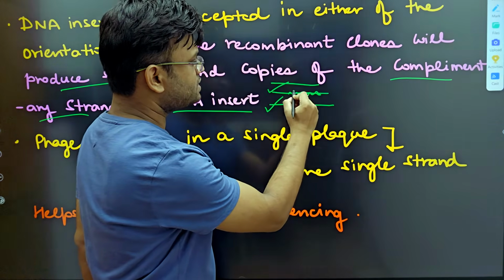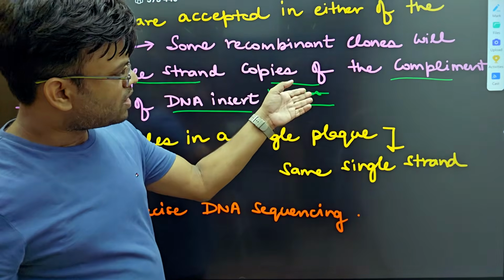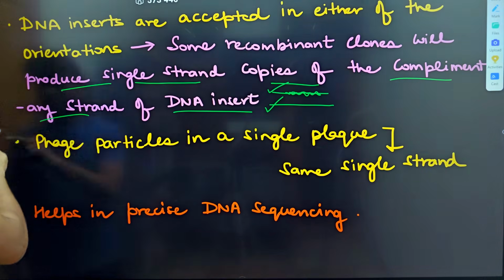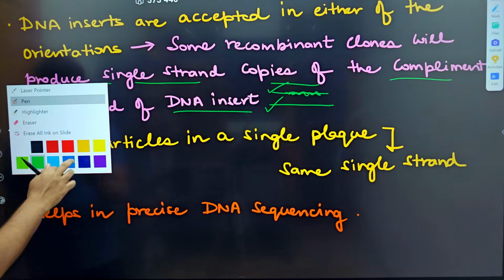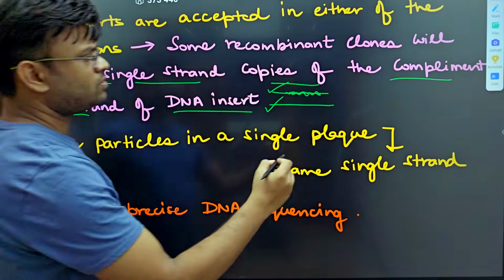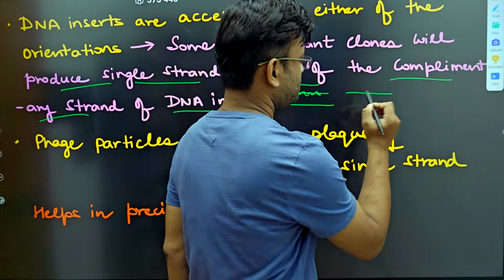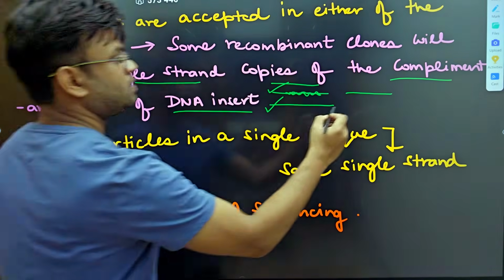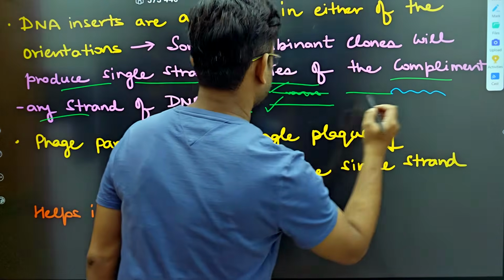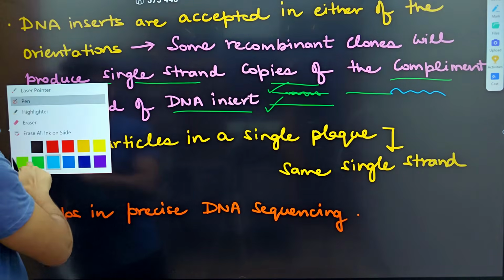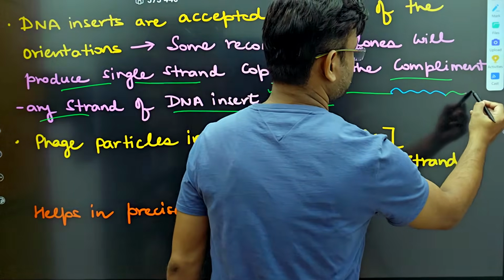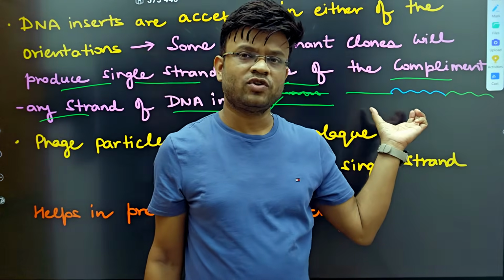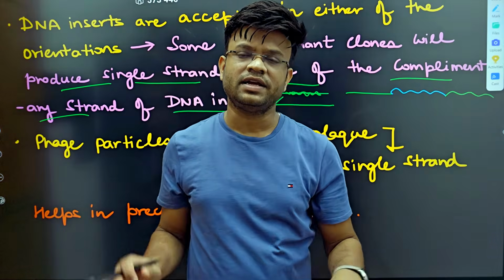That means if this was our DNA insert over here, complementary to this DNA insert, let me draw it with a different color, then you might be able to understand it. Suppose this is the M13 phage DNA that was present inside the vector initially.